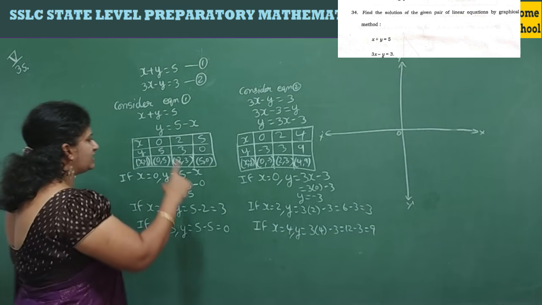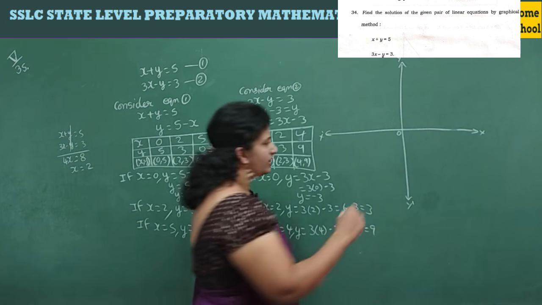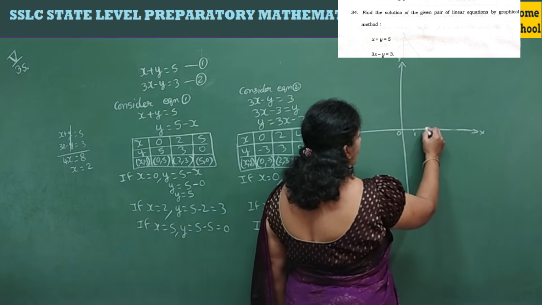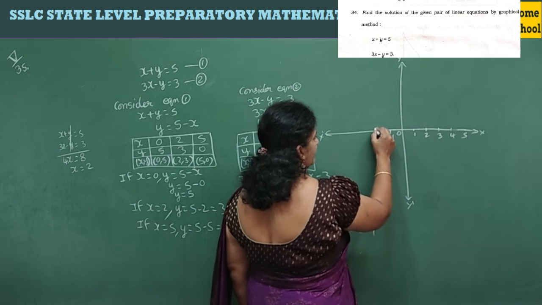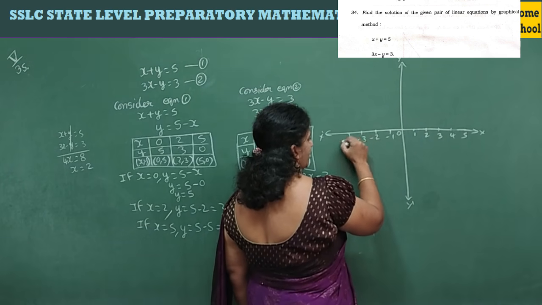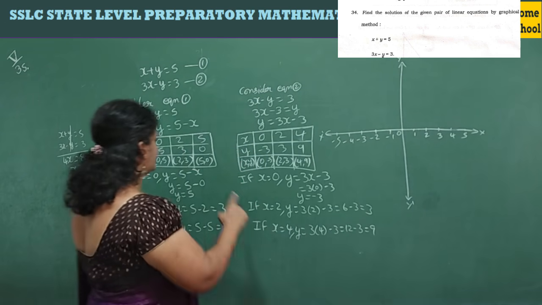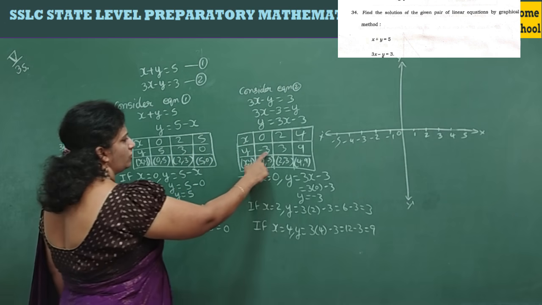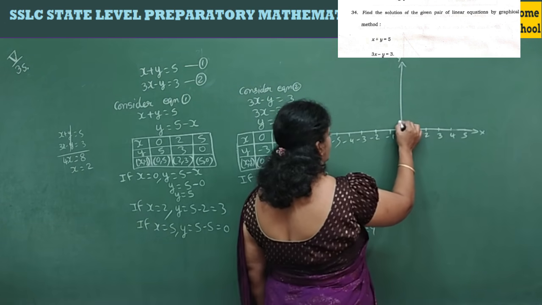Now observe the x scale, children: 0 to 5, 0 to 4. Okay, within the range. That means on the x-axis 1 centimeter is equal to 1 unit you can take, and on this side the negative scale, minus 3, minus 4, minus 5. And on the y-axis observe the scale: 5, 3, 0, 9 there. 9 is possible in a graph sheet.